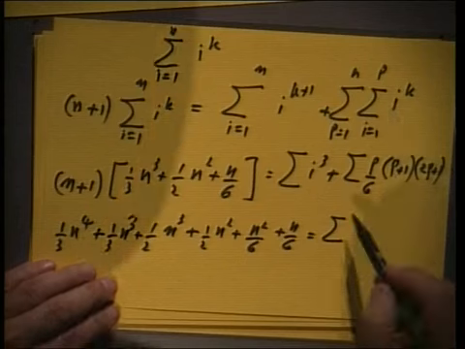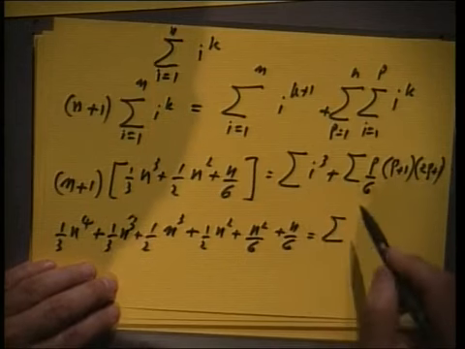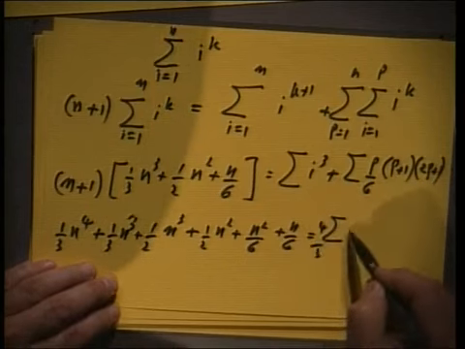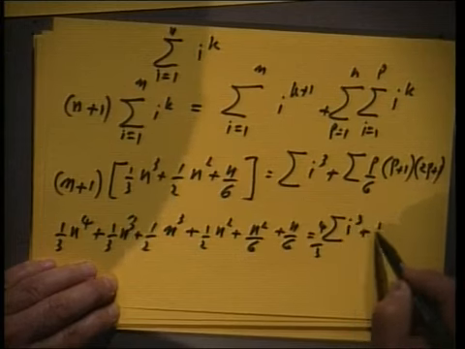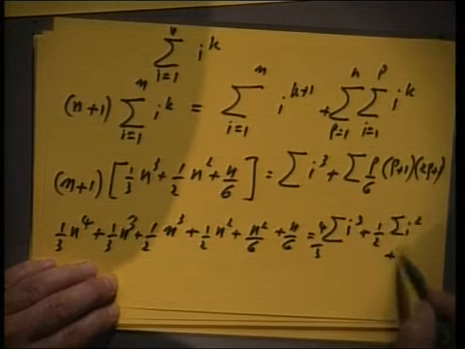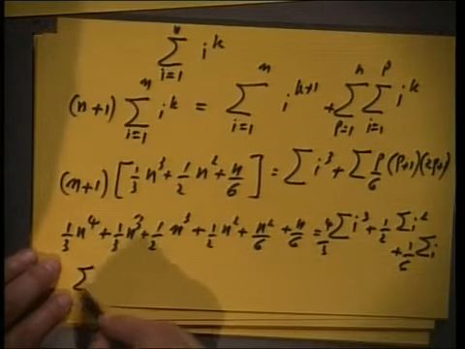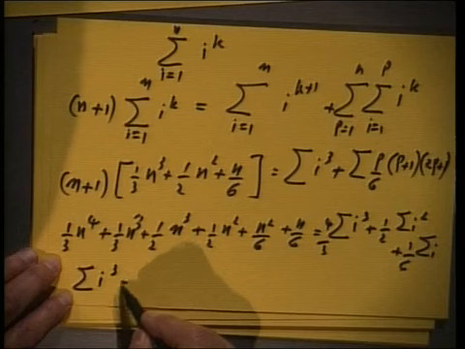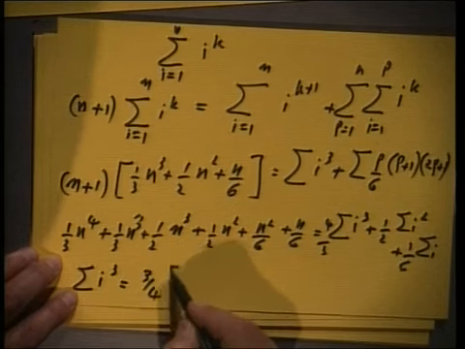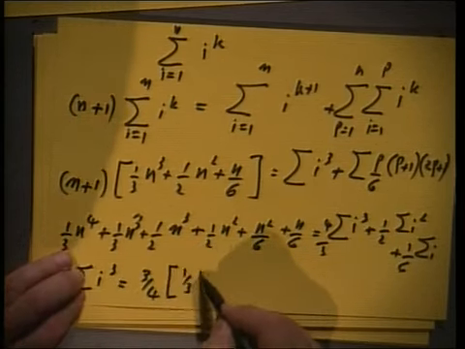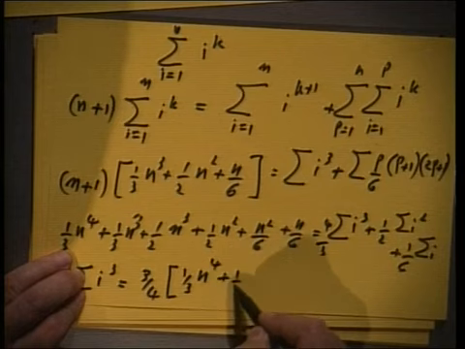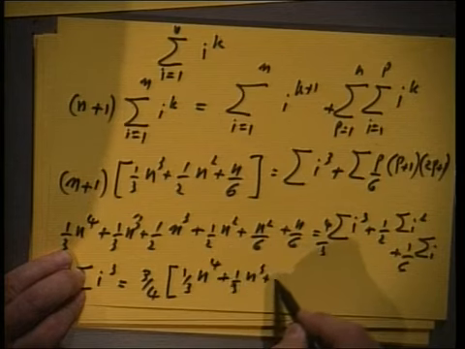Here you have i cubed, and here as well you have i cubed. So you have 4/3 sum of i cubed plus half sum of i squared plus 1/6 sum of i. And you end up with what? With the sum of i cubed, the one we seek to calculate, is equal to 3/4 times 1/3 n to the power 4 plus 1/3 n cubed plus etc.